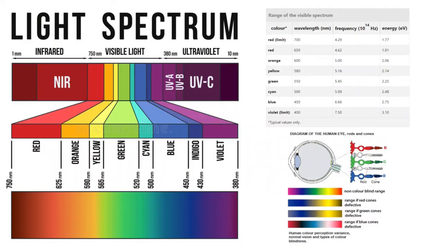Now I want to talk a little bit deeper about this light spectrum topic. What we can see in the picture right here is the full radiation spectrum. It goes from 1 millimeter to 10 nanometers, and from infrared to ultraviolet. What these numbers refer to is the length of the waves, ergo the wavelength.